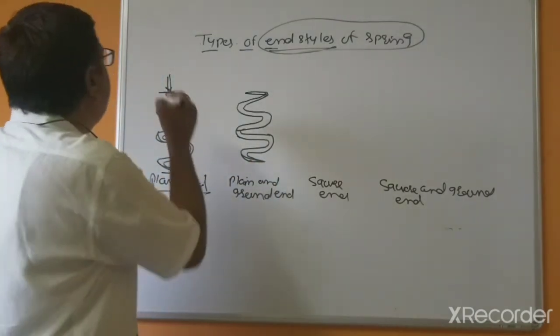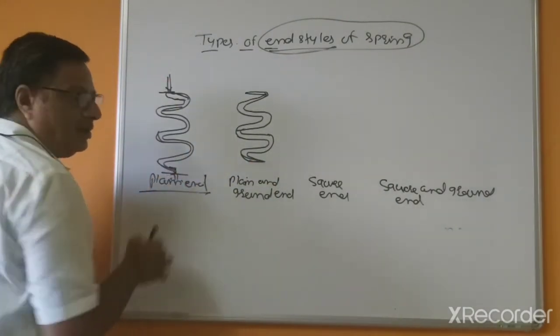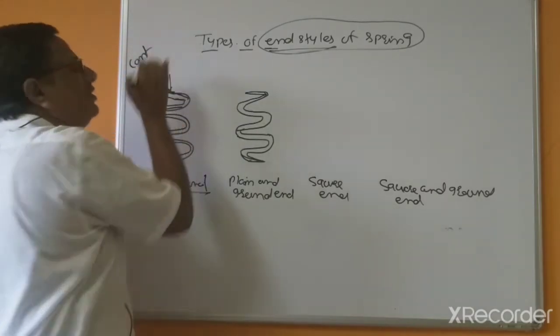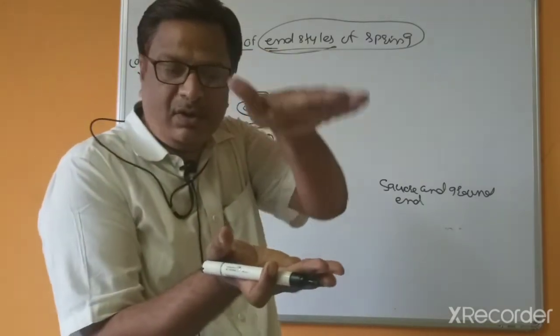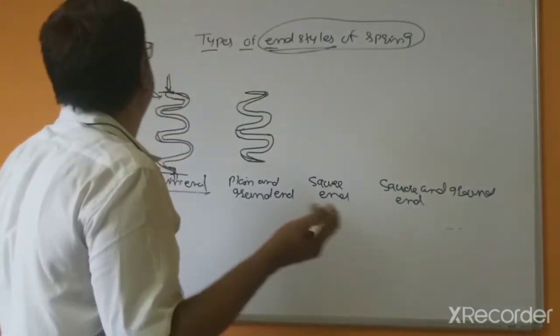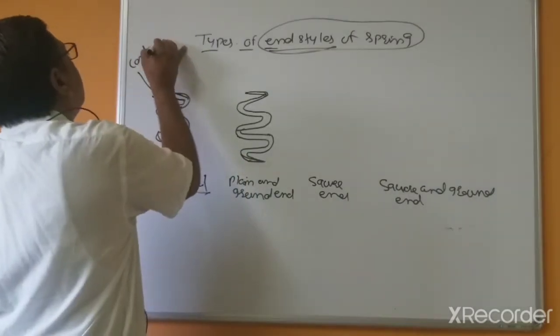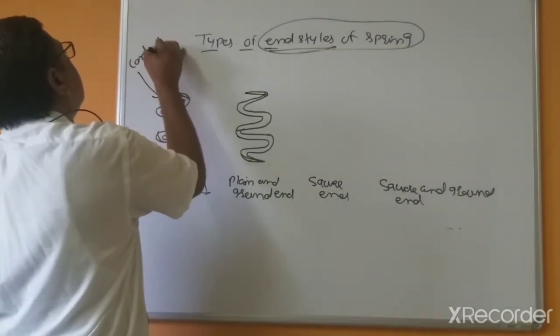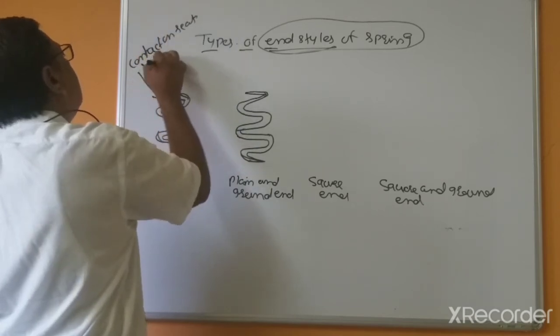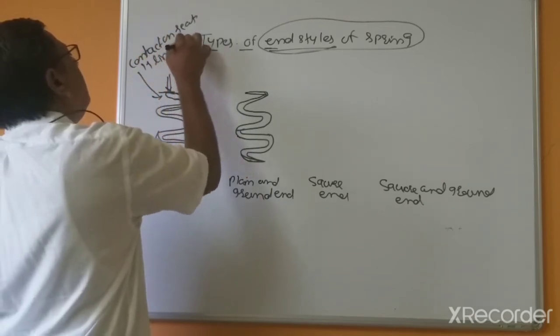So that's why this contact is with the seat, meaning where the spring is to rest. That is called the seat. Contact on the seat is line contact.